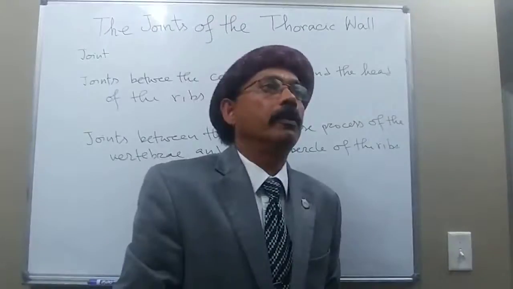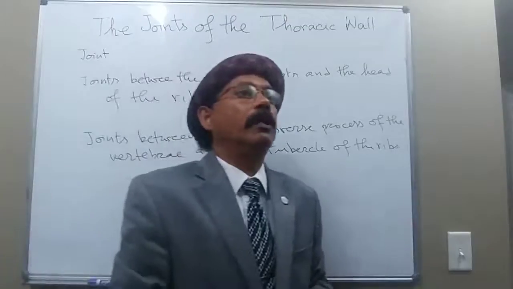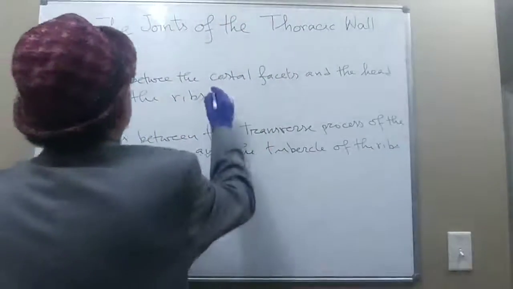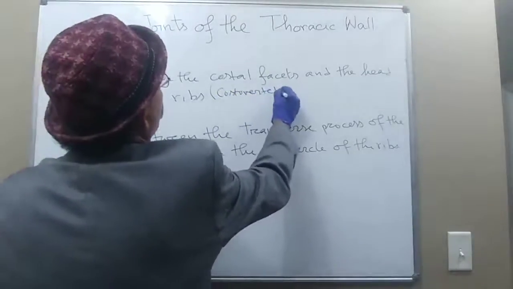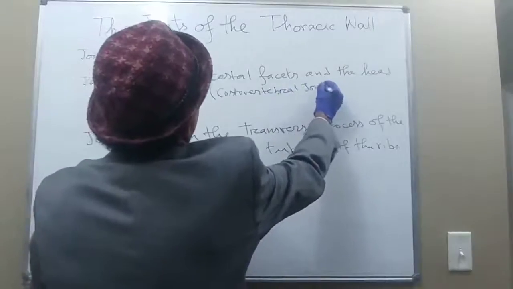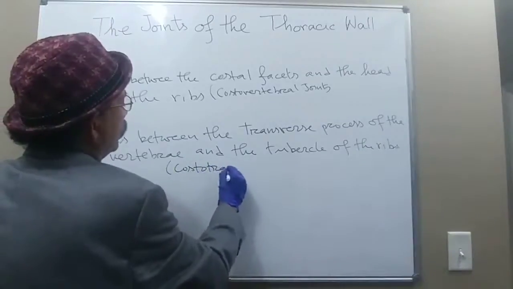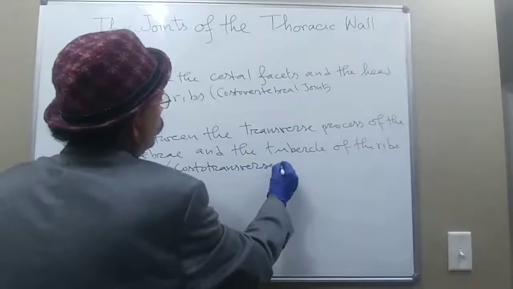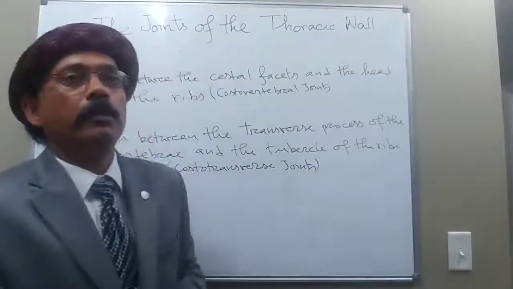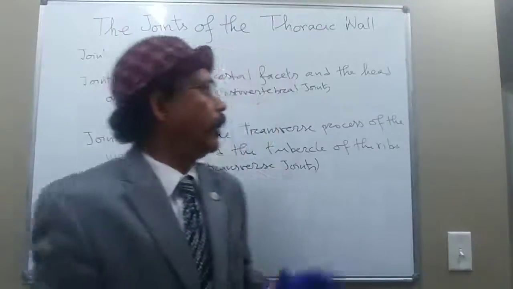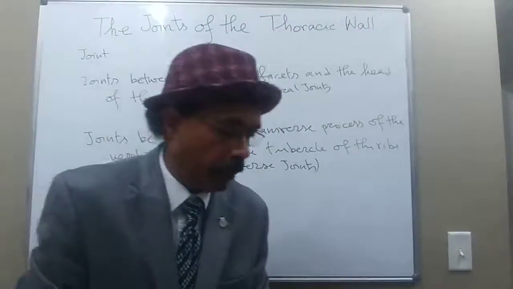First of all, the costovertebral joints, of the head of the rib, and the costotransverse joints. You need to know that part. So how do the costotransverse and the costovertebral joints work?